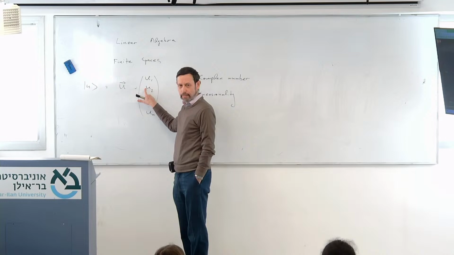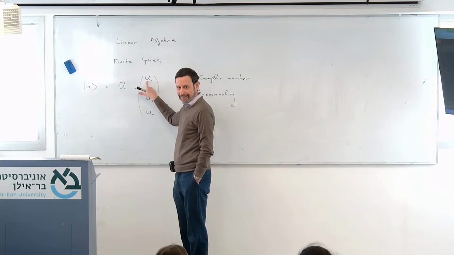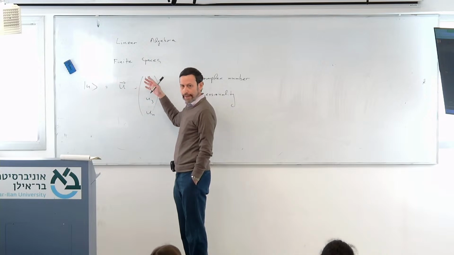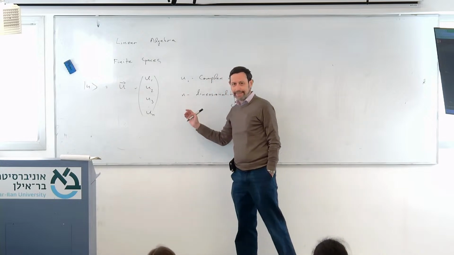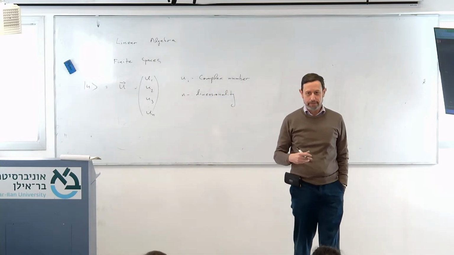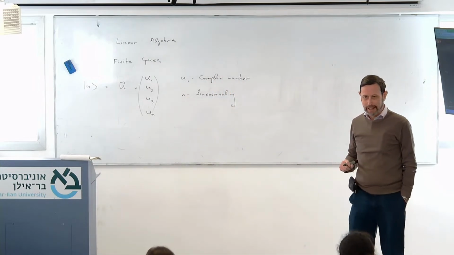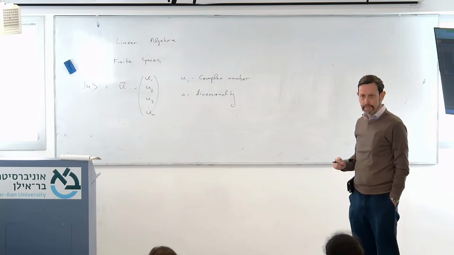It's a complex number. I can have one complex number, then it's really a scalar. I could have 2, I could have n. At the moment, I can't have infinite. And we assume that it's complex because the wave function is complex?